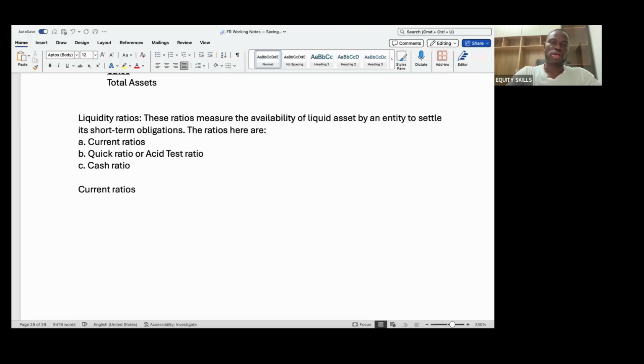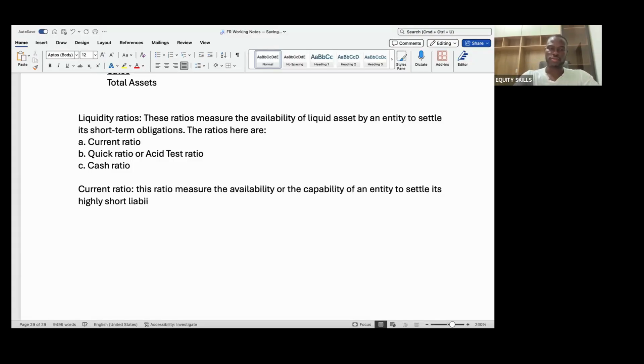And when we say current ratio, this ratio measures the availability or the capability of an entity to settle its short-term liabilities with its short-term assets.